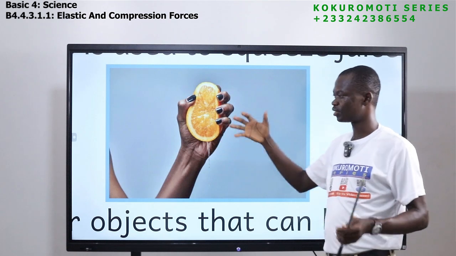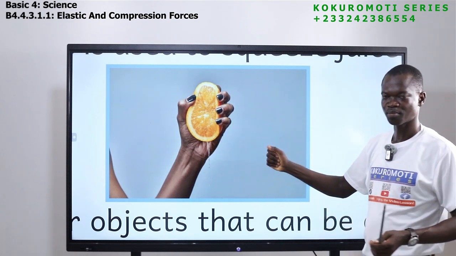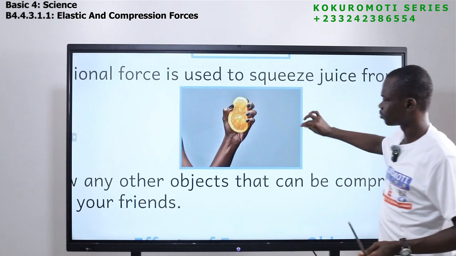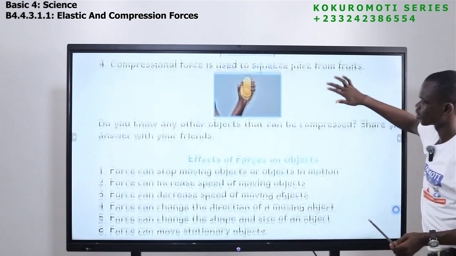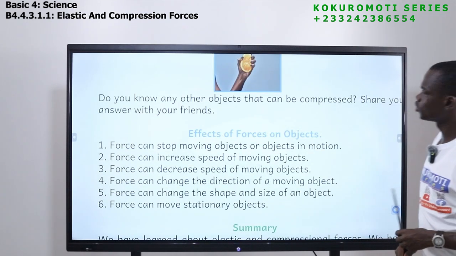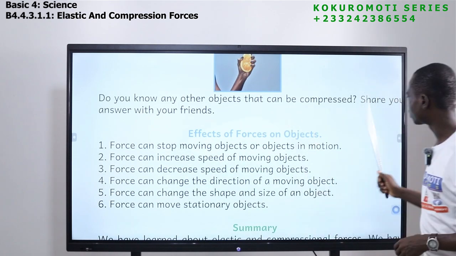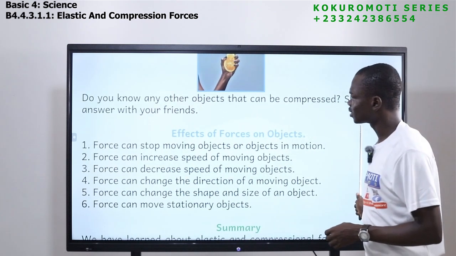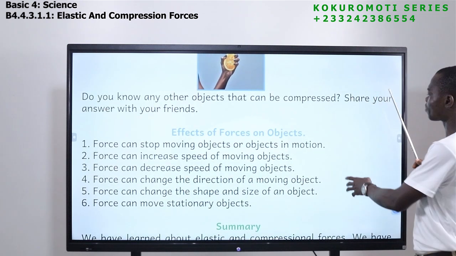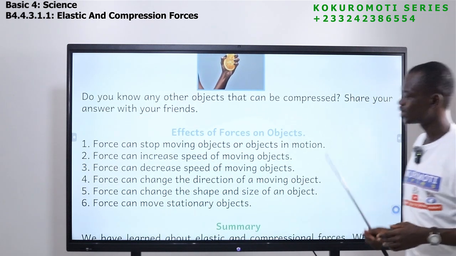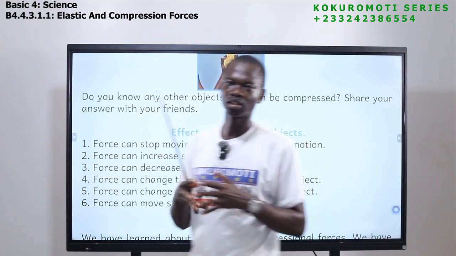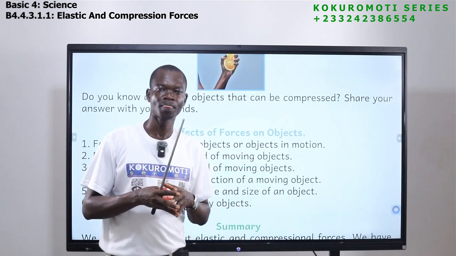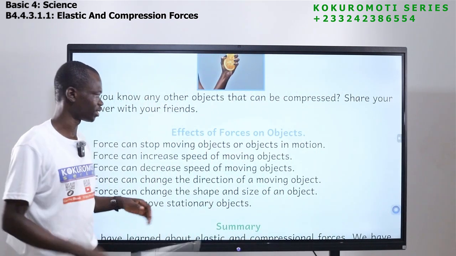Compressional force always reduces the size of it when we press it. Okay, so do you know any other object that can be compressed? Apart from the objects that we have seen, is there any other object that we can compress? If you know it, share it with your friends.